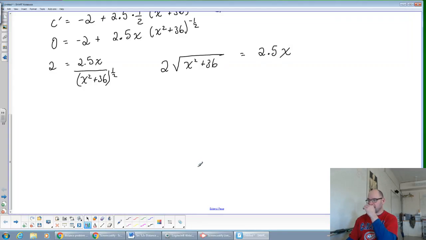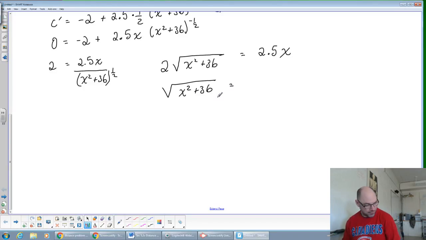Now we've got to solve this. The first thing I'm going to do is get rid of this 2 in front. So I'm going to divide both sides by 2. So 2.5 divided by 2 is 1.25. So this is going to be 1.25x. Then we're going to square both sides.